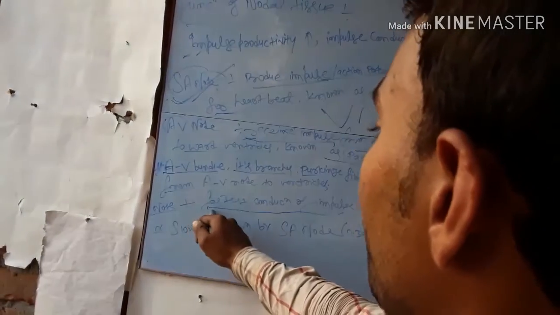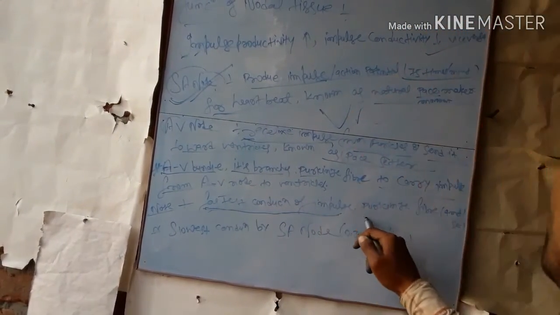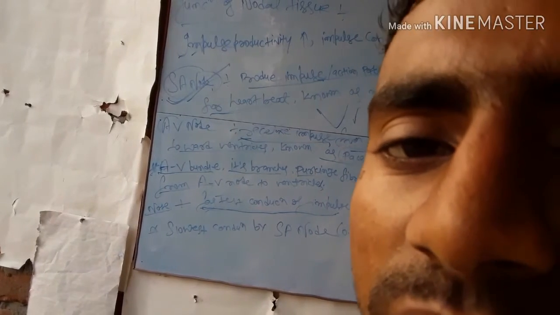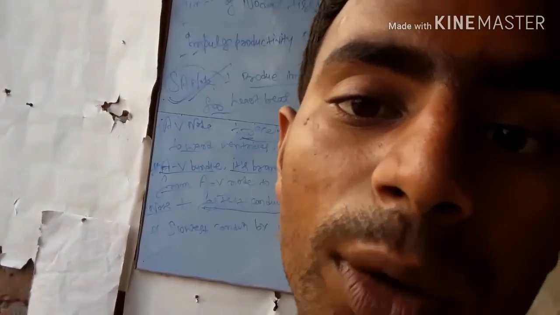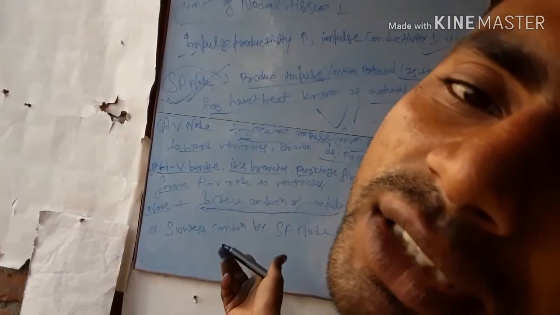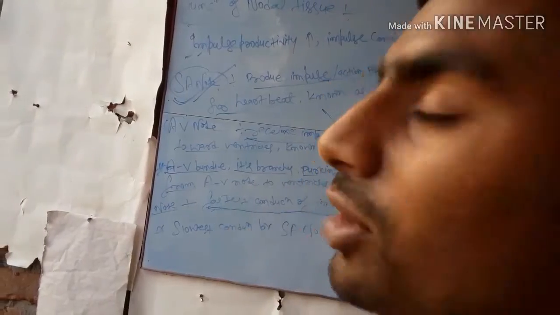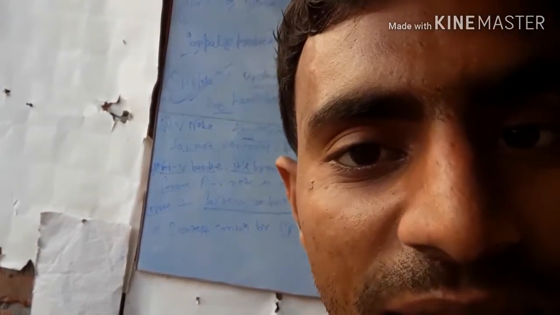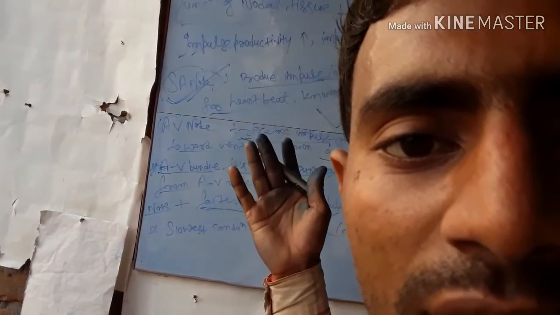The fastest conduction of impulse happens by Purkinje fibers, 4 meters per second. Its conduction is more because its production is less.